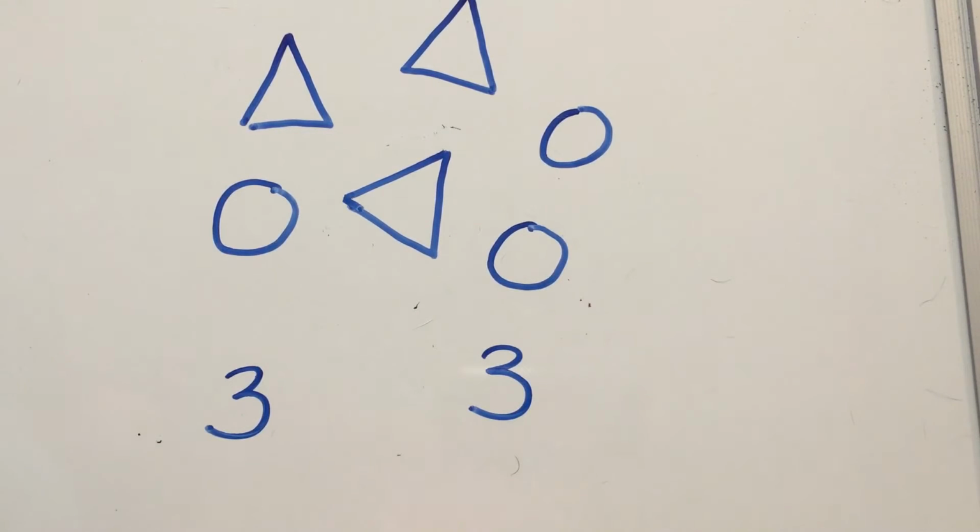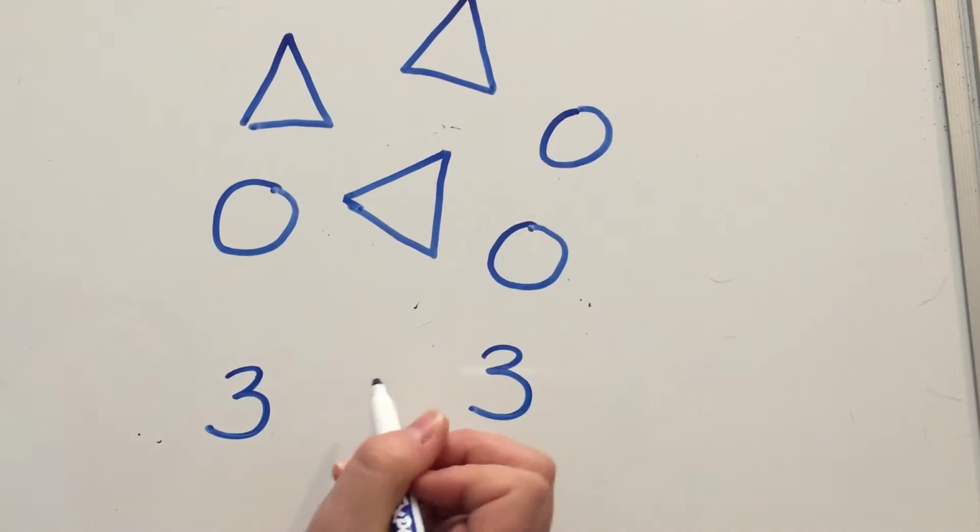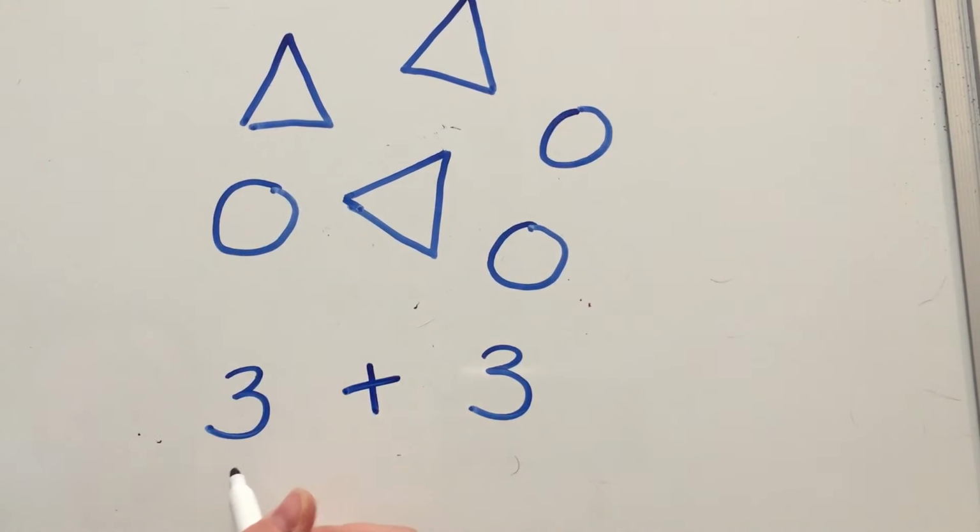What sign do I need to put in the middle of 3 and 3 to show that I'm adding, that I'm putting together? You're right, I need to put a plus sign. 3 plus 3.